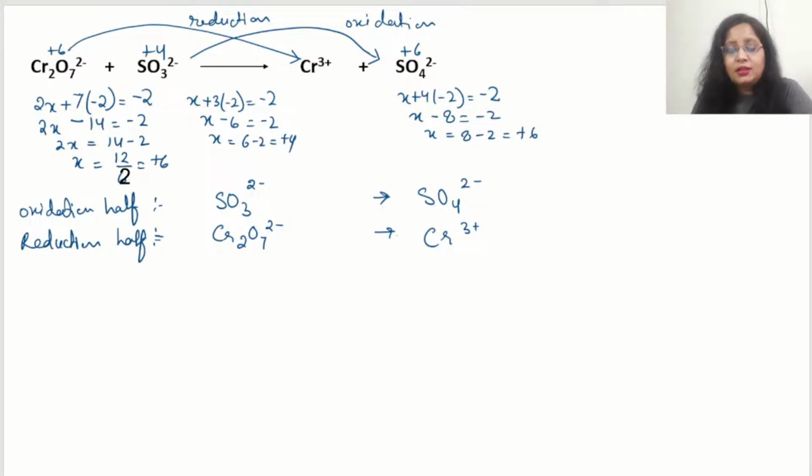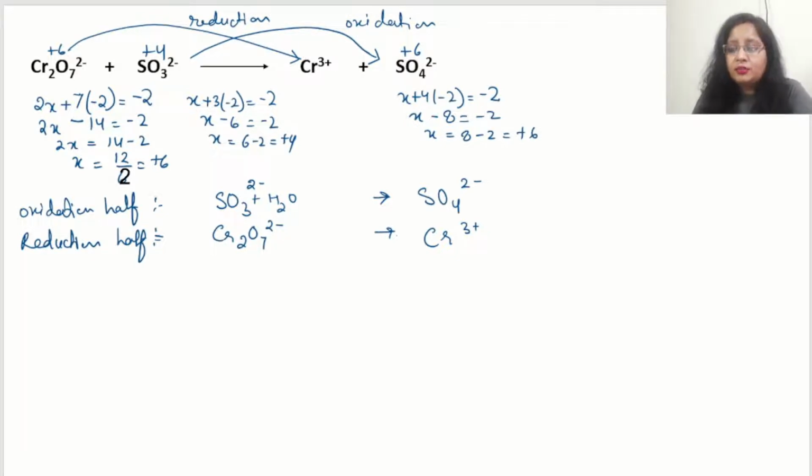Oxygen is left hand side 3, right hand side 4. What we will do? We will add water where there is deficiency of oxygen. So we will add a molecule of water here, H2O. Now oxygen 3 plus 1 on left hand side, 4 on right hand side.